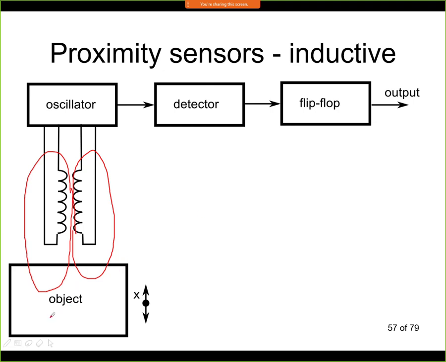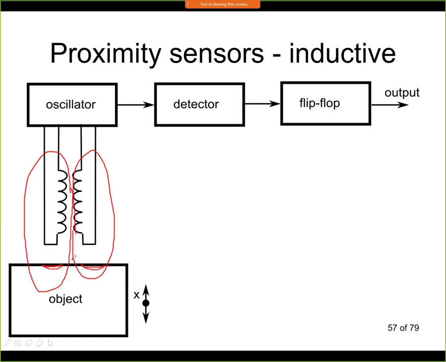And we can see that when the object enters the magnetic field, it will change the properties of the field. So if this object is ferromagnetic, it will alter the magnetic field in such a way that it will look something like this, and the magnetic field therefore will be distorted.